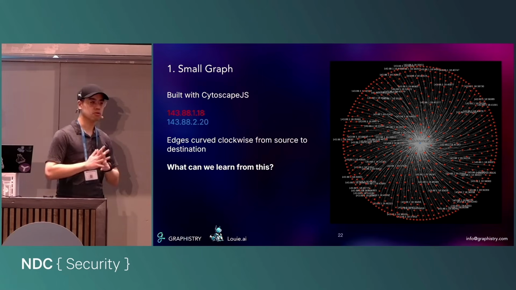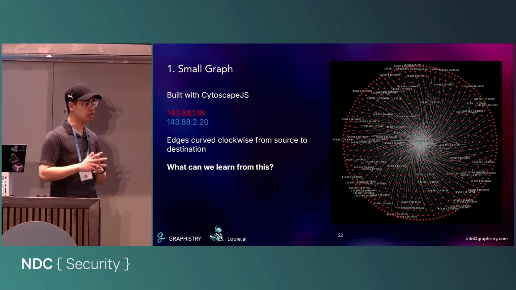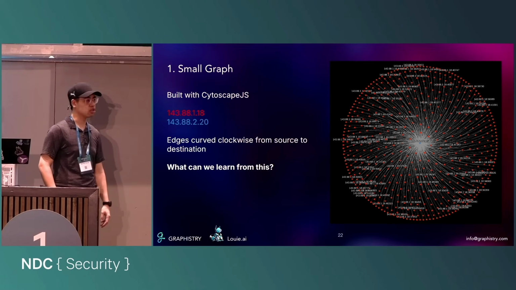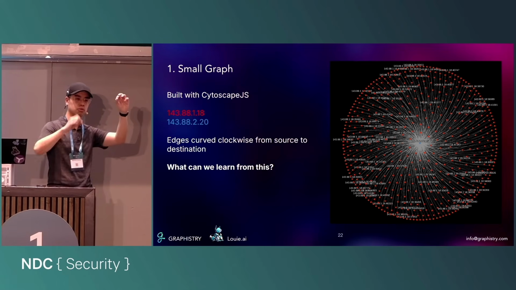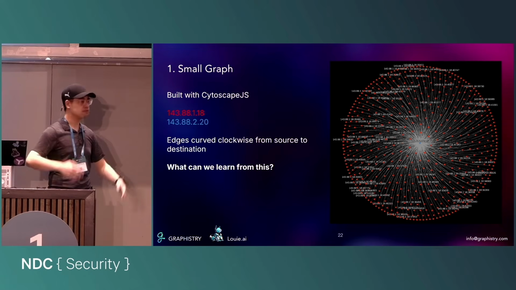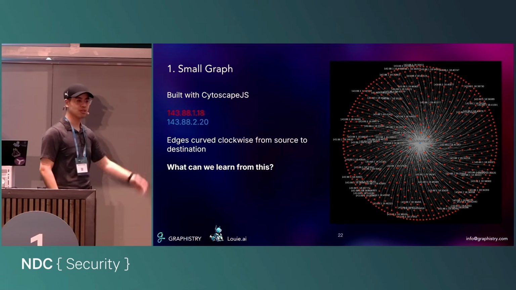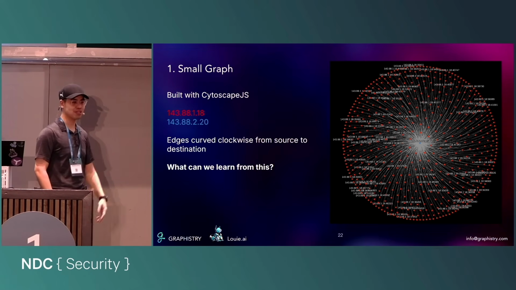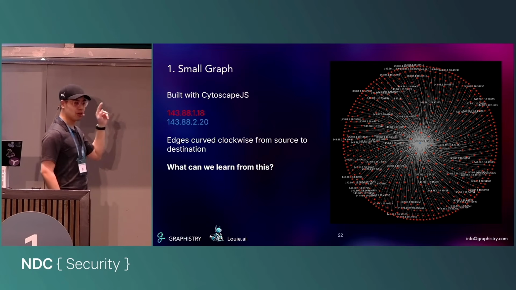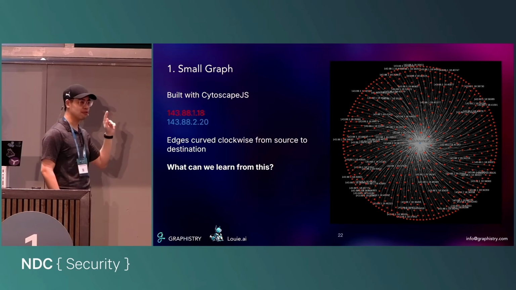Now, a quick note about node and edge mapping. You're probably familiar with network graphs where you see one PC here, one PC here, and a router here, and then lines connecting them. Congratulations, you've been using graphs and you didn't even know it. However, nodes and edges do not have to map to physical entities, physical devices.